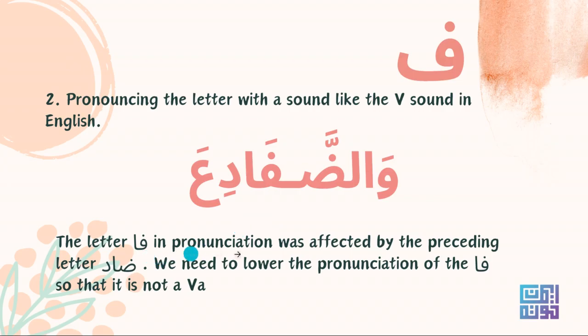The letter fa in pronunciation was affected by the preceding letter dad. We need to lower the pronunciation of the fa so that it's not a V. Yes, the dad, we say well, da, va. So we need to return the mouth. We need to go to the exact makhraj of the fa, and we should not be affected by the letter dad, because it does affect dava.